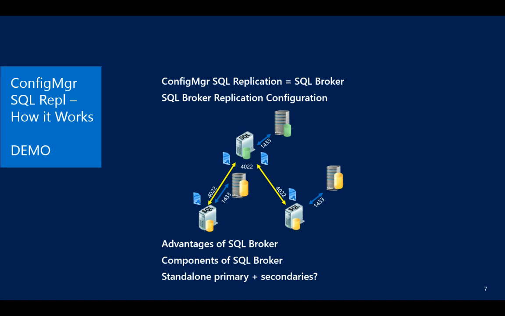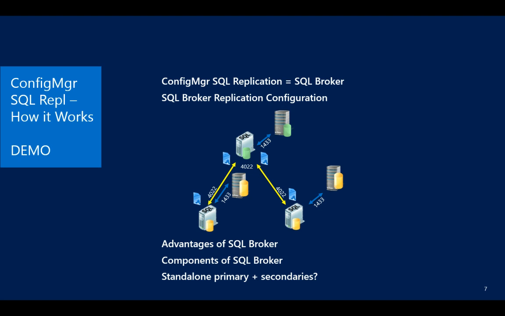But if you don't have a need for that, why add the confusion to your mix, right? Standalone primary sites can support up to 100,000 clients. That's more than enough for most environments without the added necessity for ConfigMgr SQL Replication. If you add a secondary, though, you're going to add back in the need for at least some portion of ConfigMgr SQL Replication. Why, right?